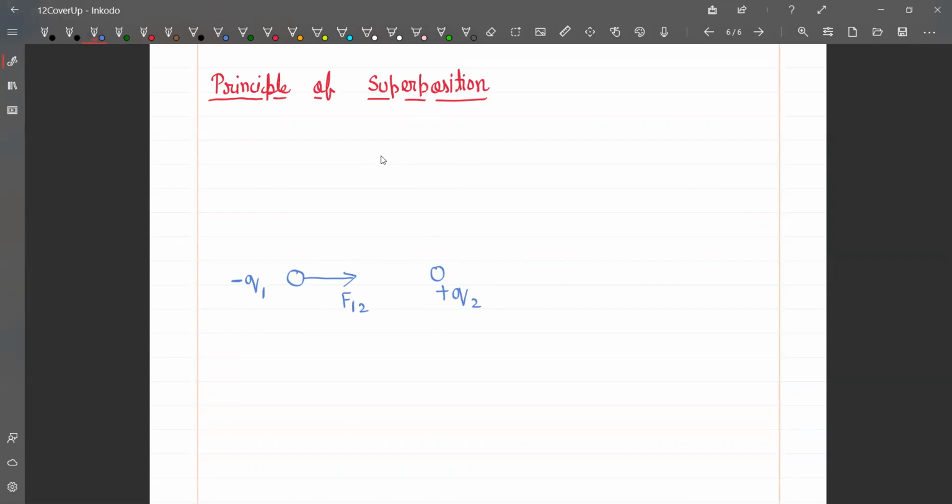Now, after some time, what happened? Another charge came, Q3, another positive charge. The charge Q3 is also now attracting charge Q1. So we have another force on charge 1 due to 3.